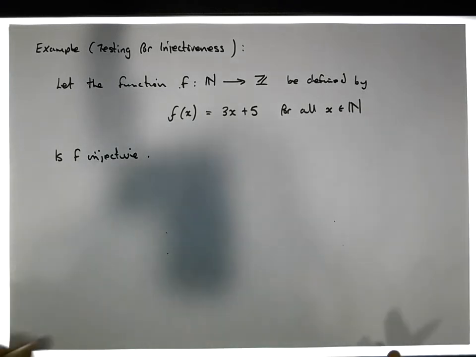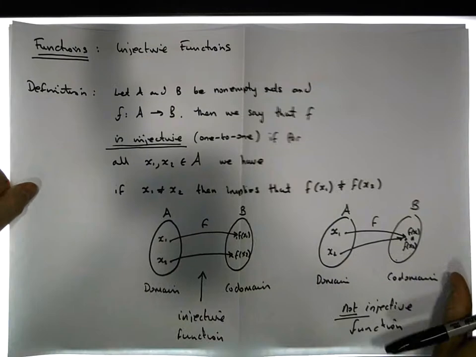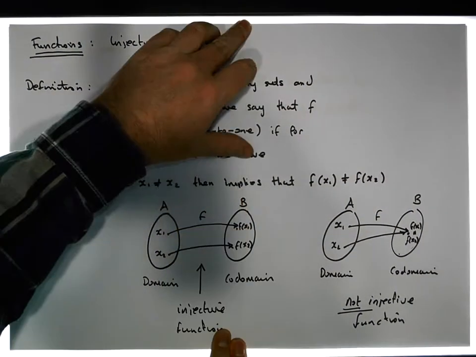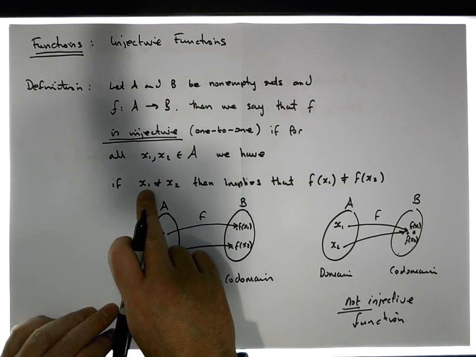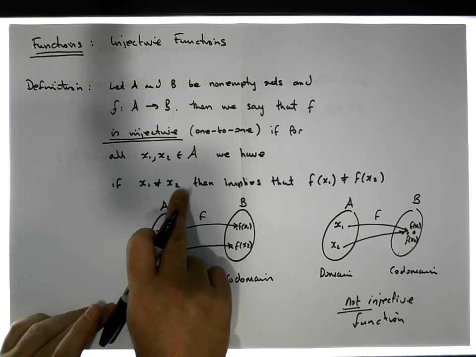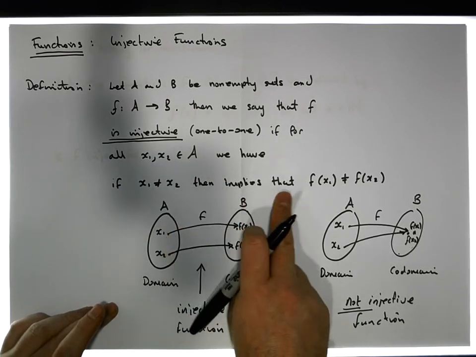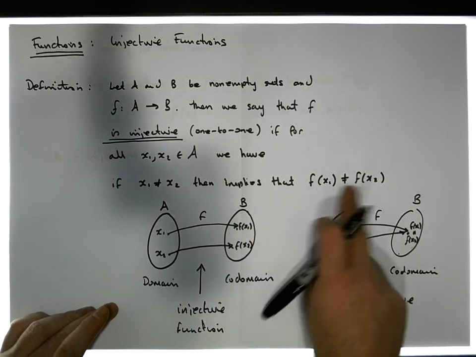One way we have defined injectivity is: let's choose two values that are not equal to each other, and then does this imply that the two function values are not equal to each other?